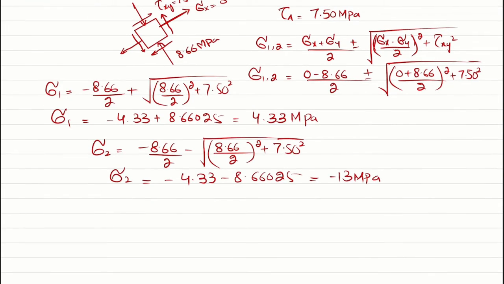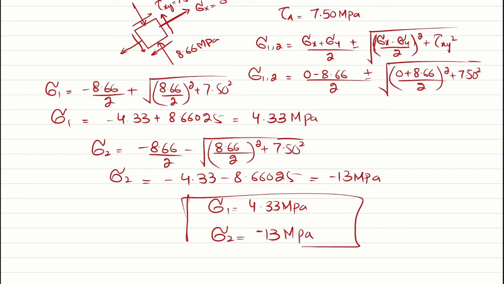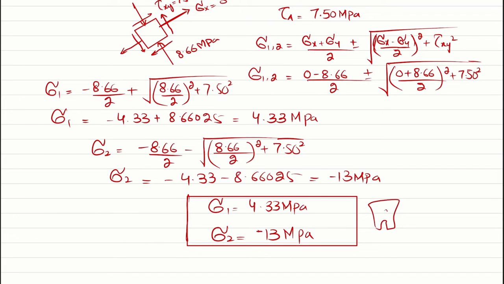So your principal stress sigma 1 is 4.33 megapascal and sigma 2 is minus 13 megapascal. So these are the principal stresses acting at point A of the wheel support.